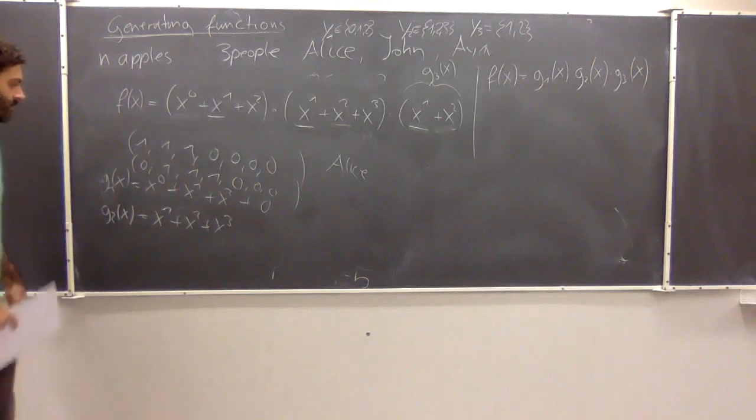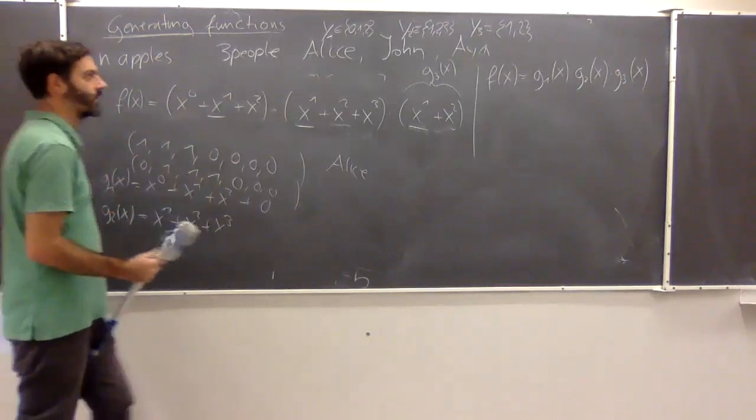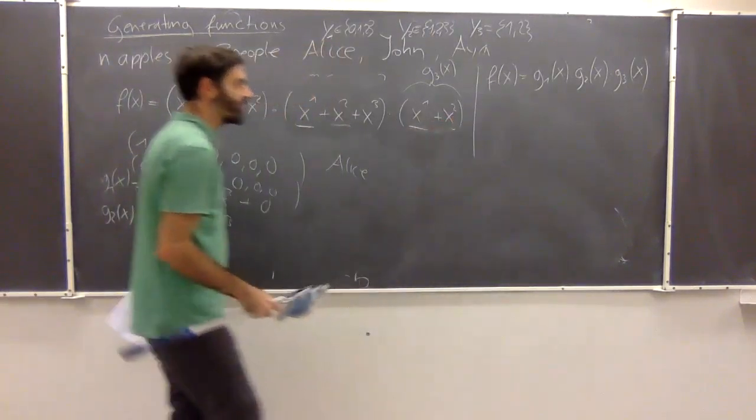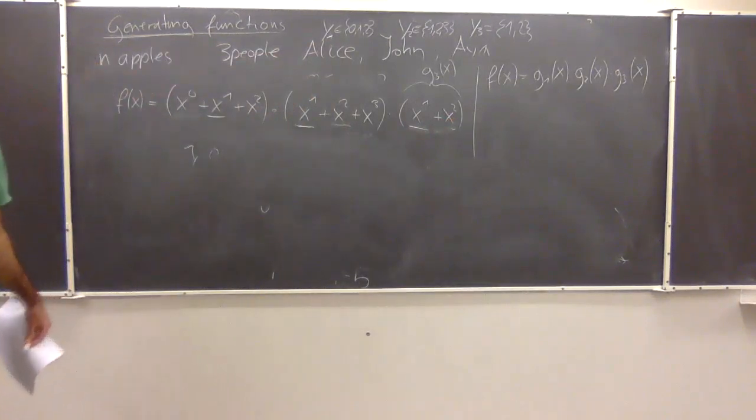And then you do the same thing for Aya, and you can write down the product of the generating functions. The product of the generating functions is the product of polynomials.